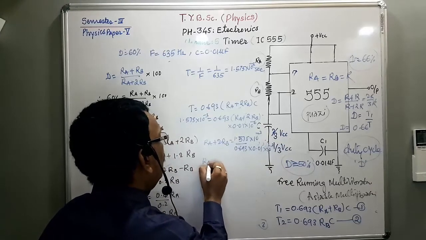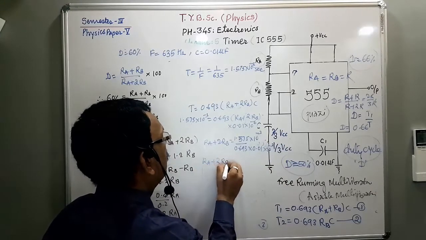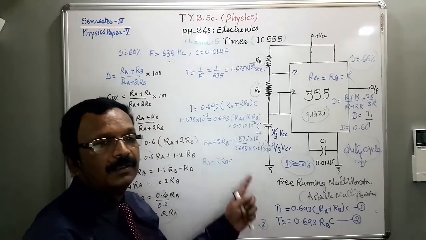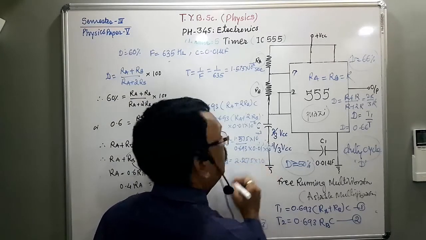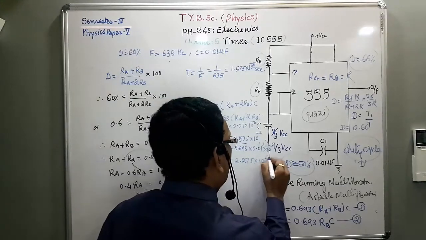Solve this. We have RA plus twice RB is equal to 2.275 into 10 raised to 4.